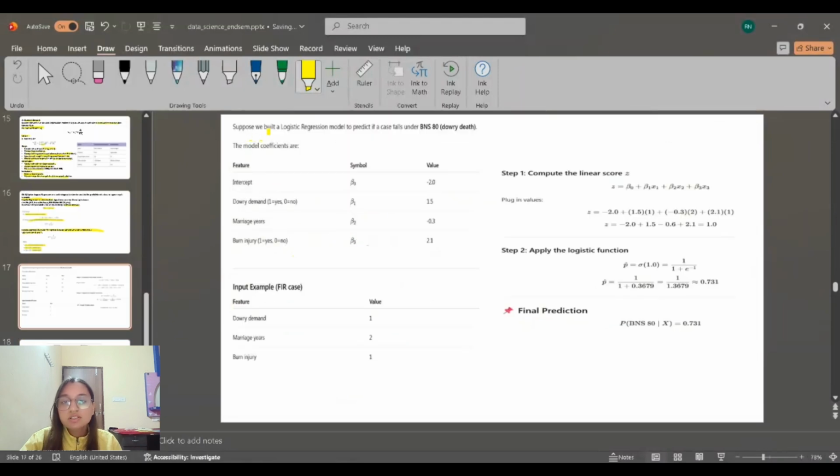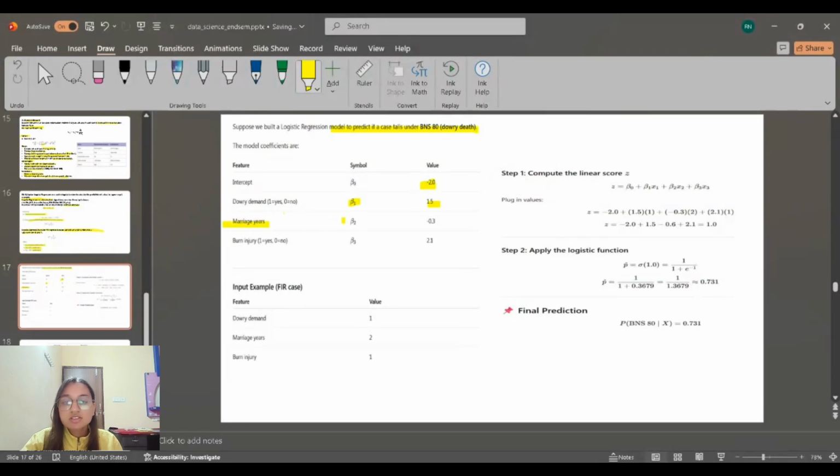Suppose we built a logistic regression model to predict if a case falls under BNS 80, dowry death. The model coefficients are: intercept, symbol β0, value minus 2. Dowry demand, 1 for yes and 0 for no, β1, 1.5.